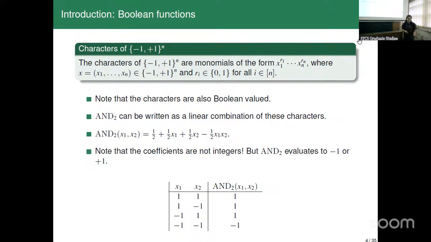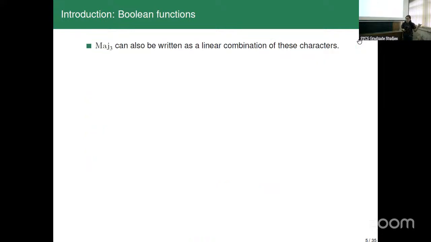The second example that I stated earlier, that is majority of 3 bits, can also be written as a linear combination of the characters. This is how majority can be written: half x1 plus half x2 plus half x3 minus half x1 x2 x3.